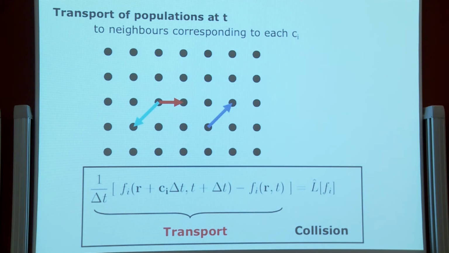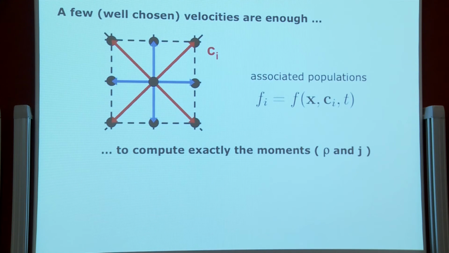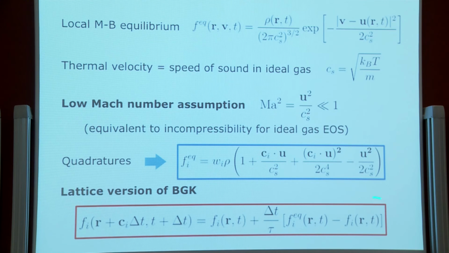And in the collision step, you're mixing all populations at a given node in order to redistribute the populations. So in practice, what you do is take the population after transport, but before the collision. And from that, you compute the moments, density, mass flux. From that, you can compute the collision kernel, the collision part of the change in populations.